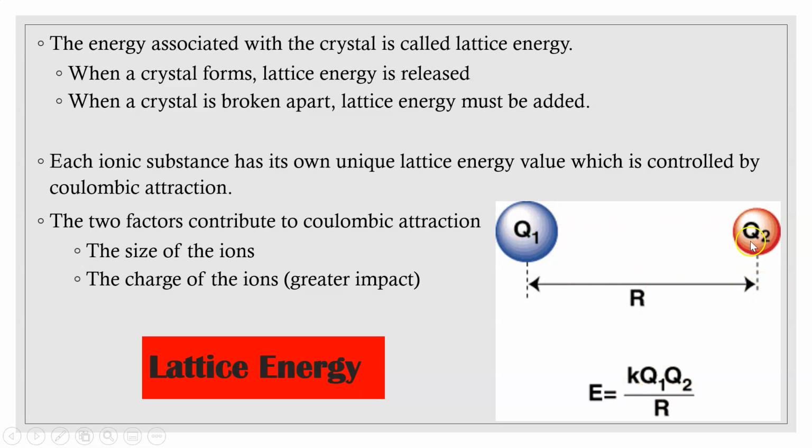So bigger charge, bigger force; bigger distance, smaller force. You've learned these ideas already when we were learning about periodic table trends and why some things lose electrons easily. The other thing in here is a constant. In order to set these things equal, we have to use a constant. Now this energy is going to change depending upon what the ions are, because different ions have different charges and different sizes, so the distance between them is going to increase and decrease.